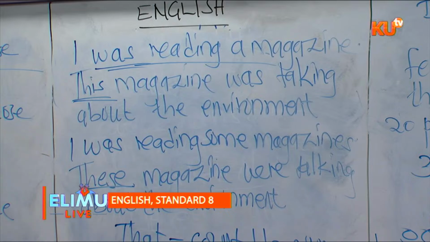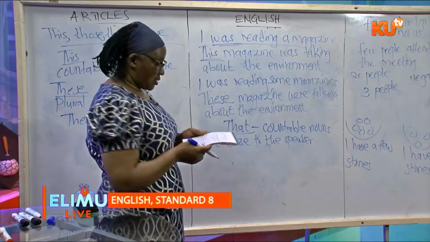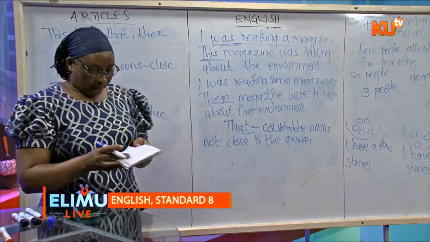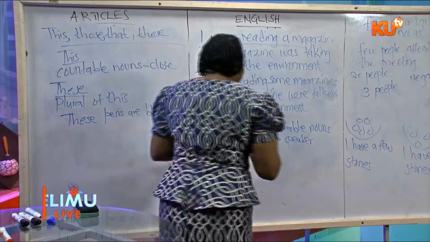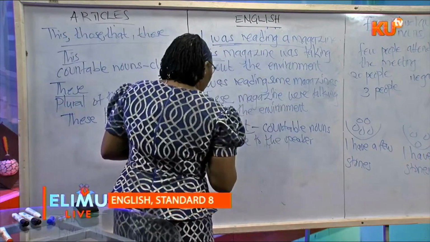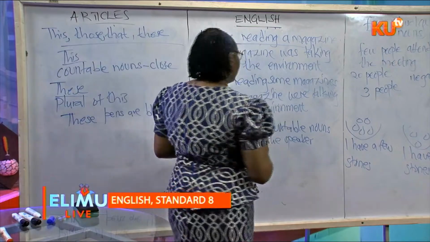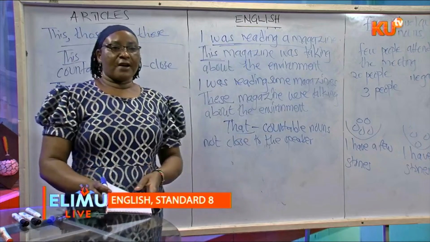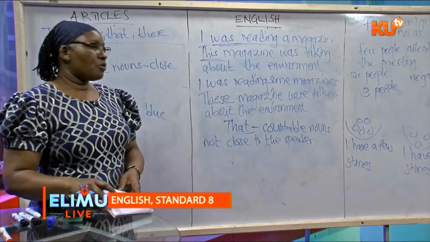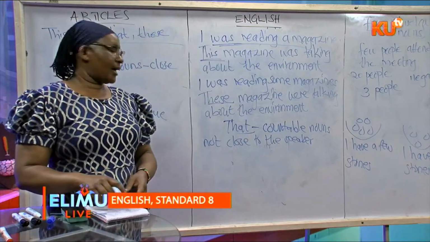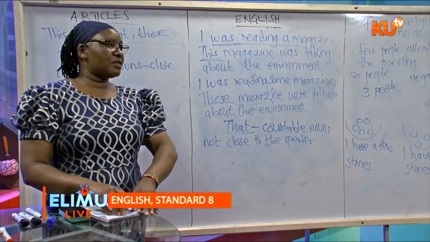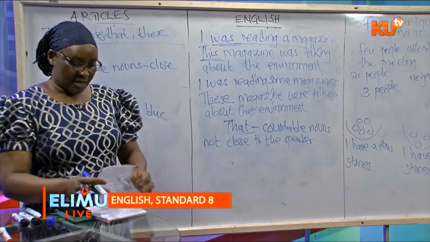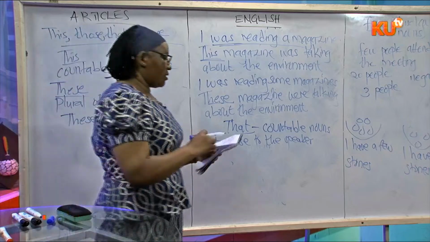So I can still say that magazine was talking about the environment. So it talks about things that have already been mentioned in the past. It can also refer to something which is not close to the speaker, but it can be seen from afar. The fact remains that it is not near the speaker.